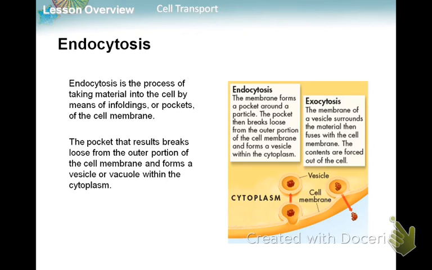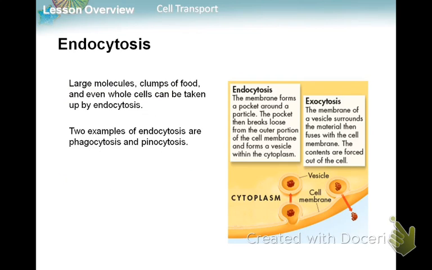Endocytosis, like I mentioned before, is taking material into the cell by making pockets of the cell membrane. And then it forms a vesicle or a vacuole within the cytoplasm. Large molecules, clumps of food, whole cells can be taken in by endocytosis.